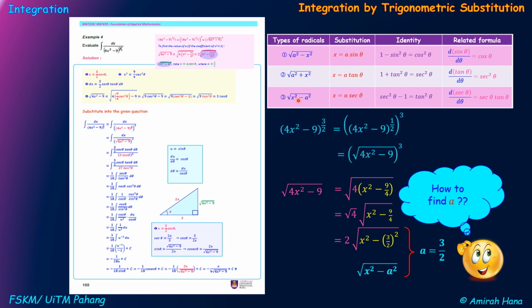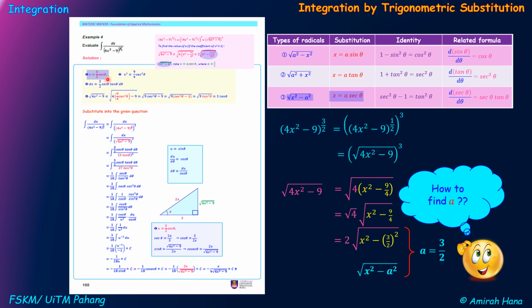So from here, we choose the substitution x equals A sec theta. So the first step is x equals 3 over 2 sec theta, since our A was 3 over 2.